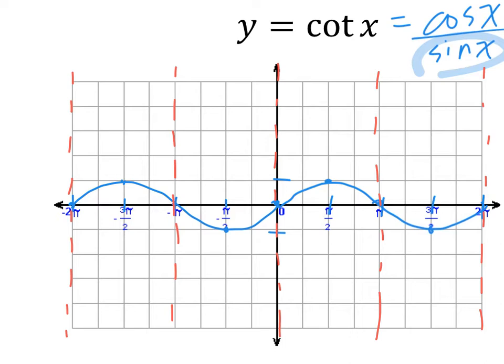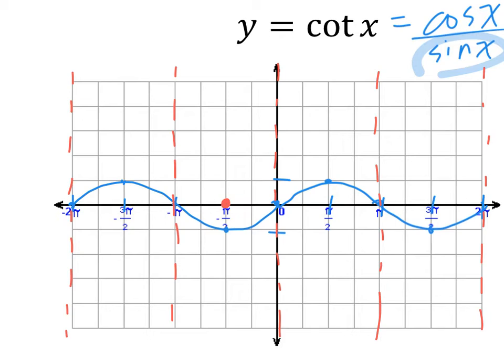Okay, just like the tangent graph, halfway between the two asymptotes is where you're going to start. So I'm going to pick these two middle asymptotes. I'm going to start in the middle. And then cotangent graph is a decreasing graph. So it's going to decrease.